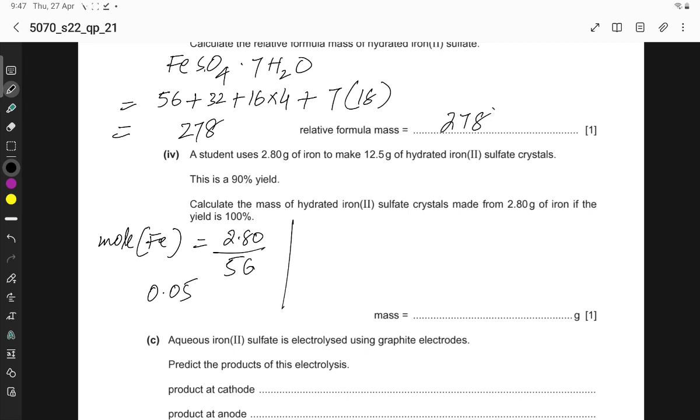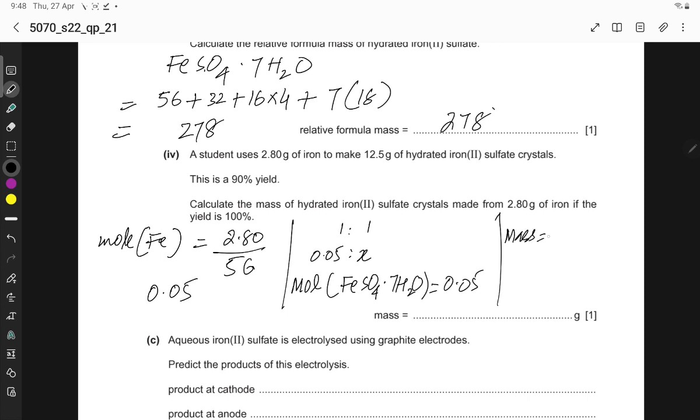Now mole ratio is 1:1 and 0.05 ratio x. So mole of FeSO4 dot 7H2O is equal to 0.05.